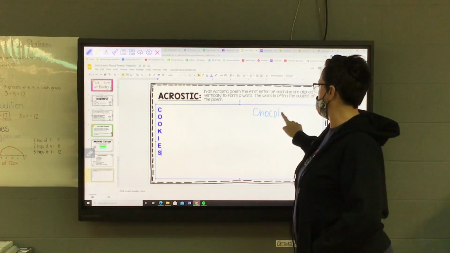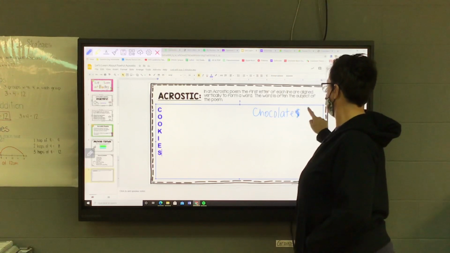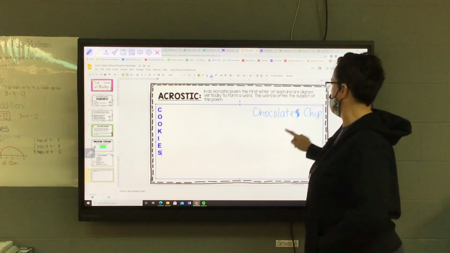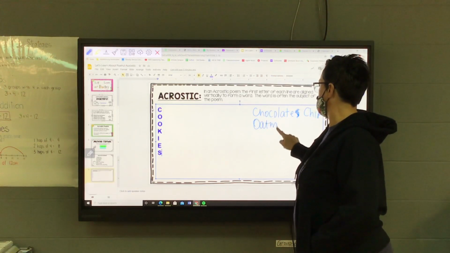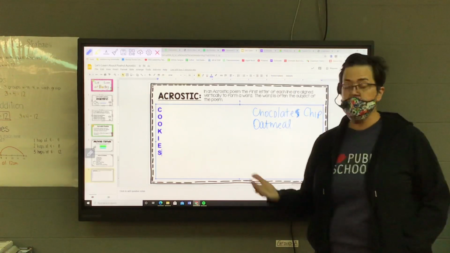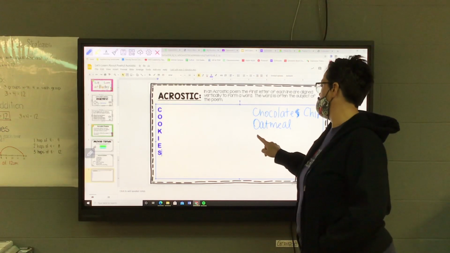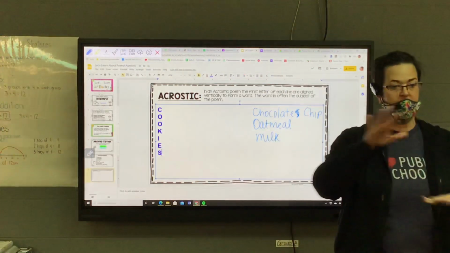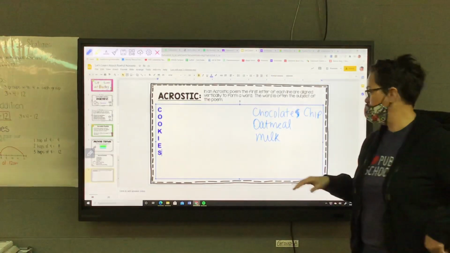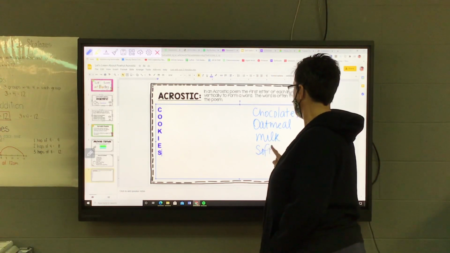So, chocolate chip, because I'm talking about cookies, right? Oops, not chocolates. Oatmeal. I'm just brainstorming. Milk. I know there's not an M in milk, but I might be able to work it in. Soft.